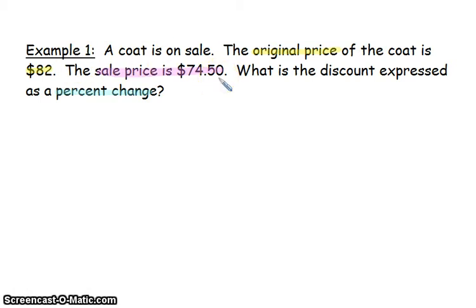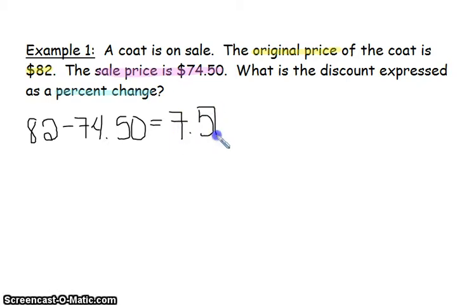So you've got to actually set that up before you ever start your ratio. 82 minus $74.50. This is going to tell us what the amount of decrease was. And for this subtraction problem, it's $7.50. That's how much off the ticket price the sale price is.